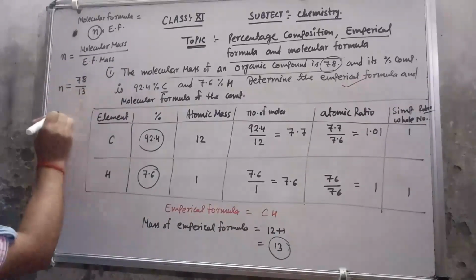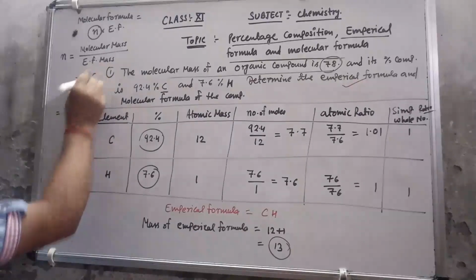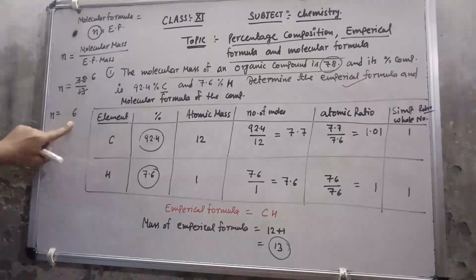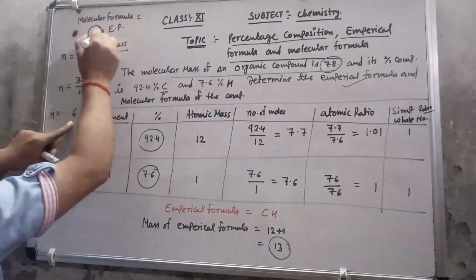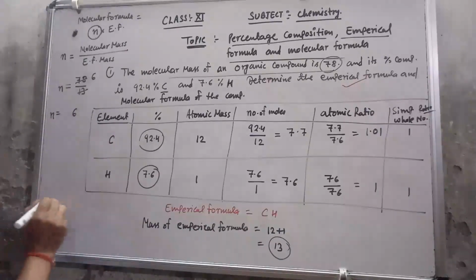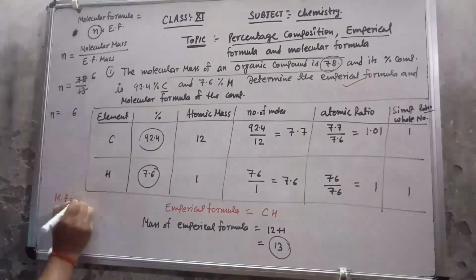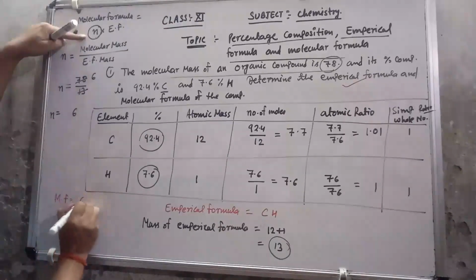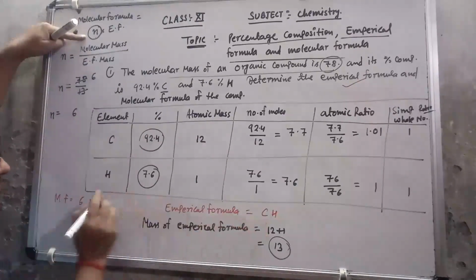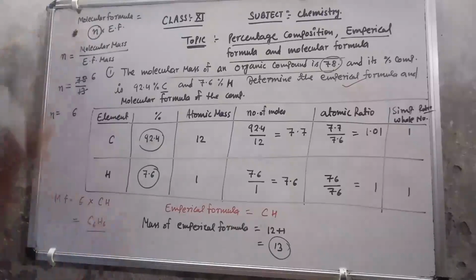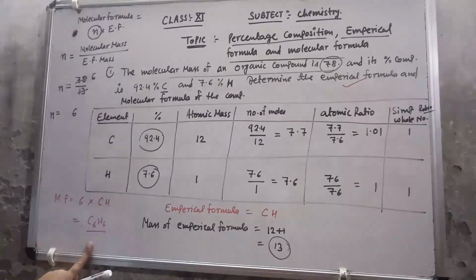So what is the value of n? 13 times 6 is 78, so n is 6. Put the value of n in: molecular formula equals n into empirical formula, 6 into CH. Multiply it, and you get C6H6. This is the molecular formula and its name is benzene.